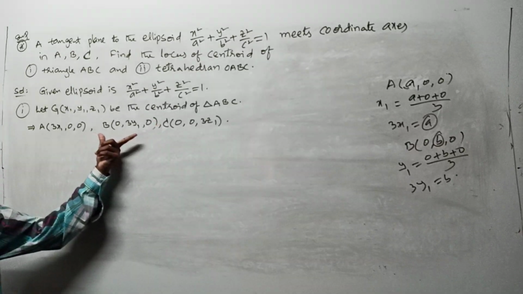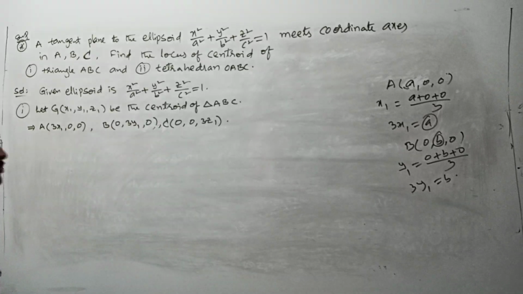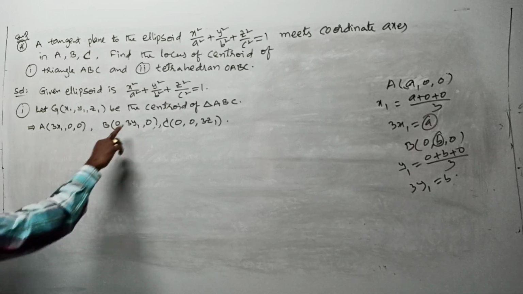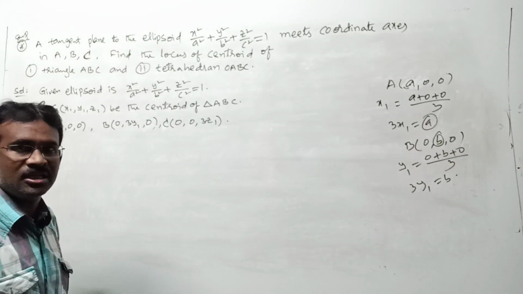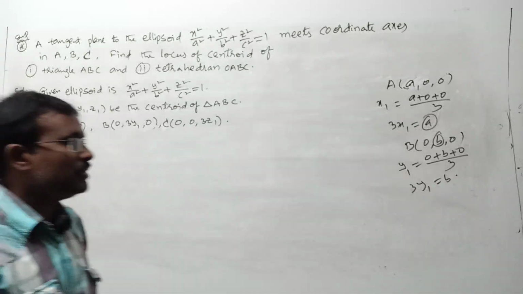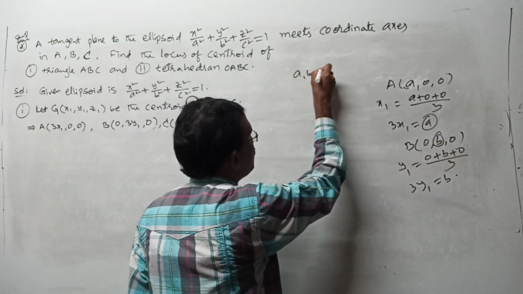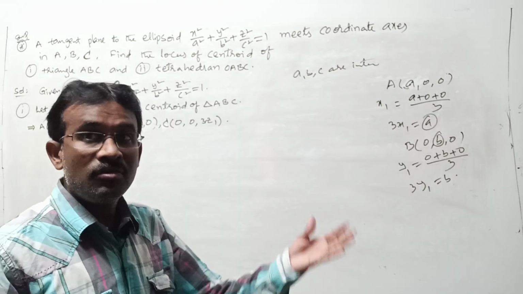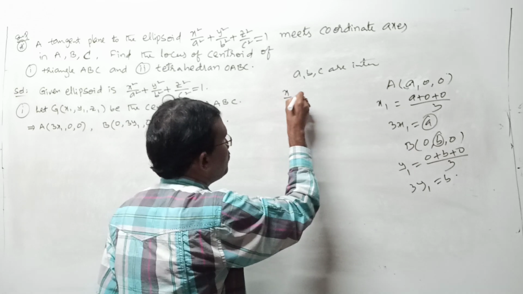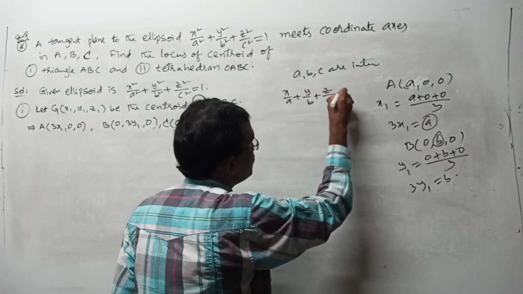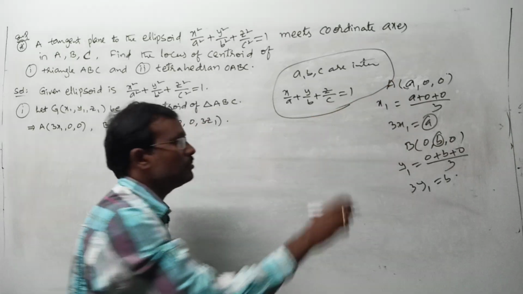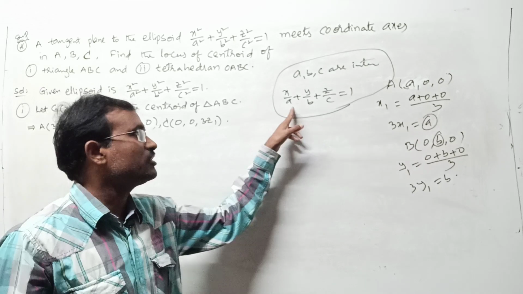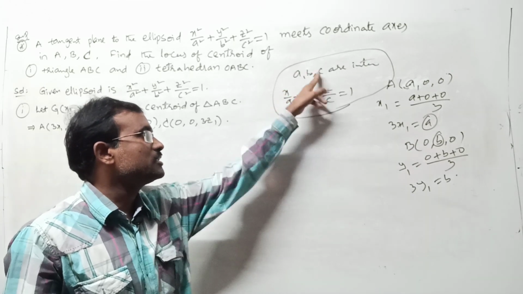Now I am going to define a plane passing through these three points. Here, 3x1 is the x intercept, 3y1 is the y intercept, 3z1 is the z intercept, or not? If A, B, C are the intercepts of the plane with the coordinate axes, then what is the plane equation? x by A plus y by B plus z by C equal to 1. In the formula list for planes I gave this. If the x intercept is A, y intercept is B, z intercept is C, then the equation of the plane is x by A plus y by B plus z by C equal to 1.